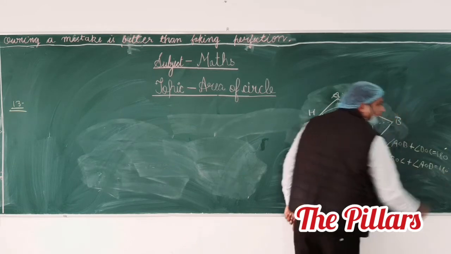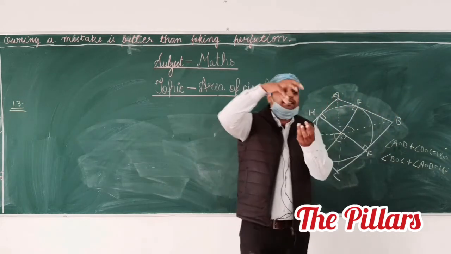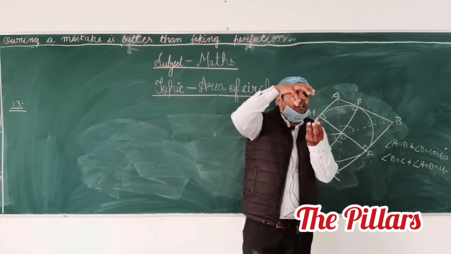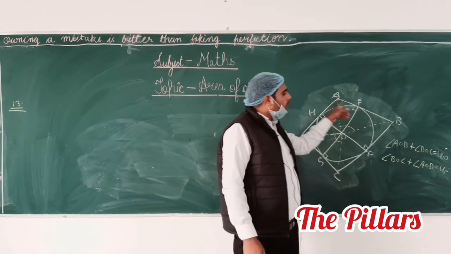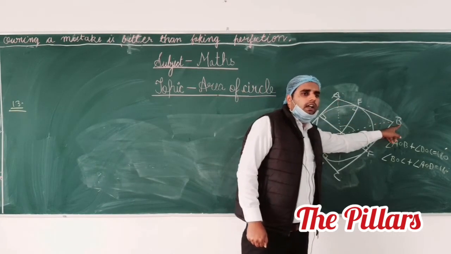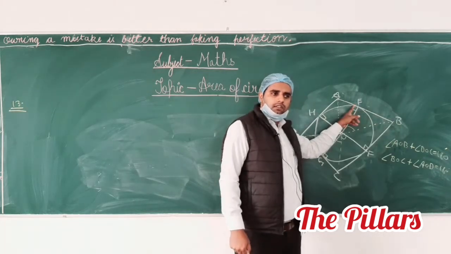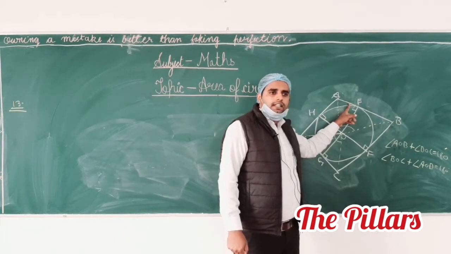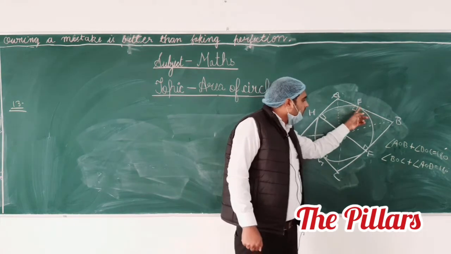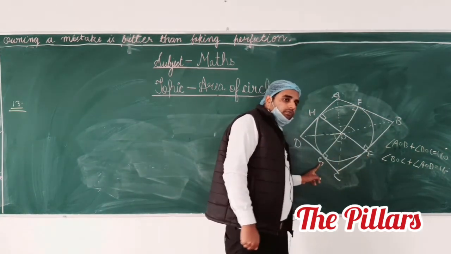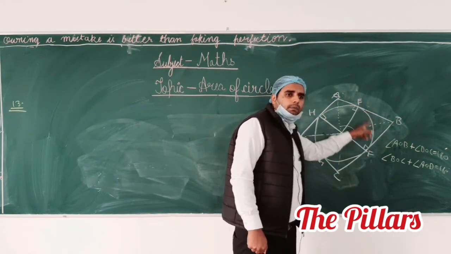What does the question tell? Suppose a quadrilateral is circumscribing a circle. You know that the vertices of the quadrilateral are external points, and where the circle touches the quadrilateral, these are the points of contact.